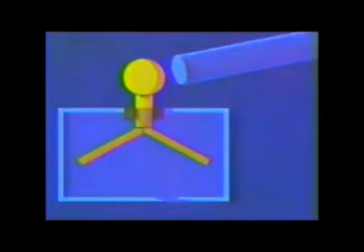Each electroscope will acquire a charge opposite to that of the rod.